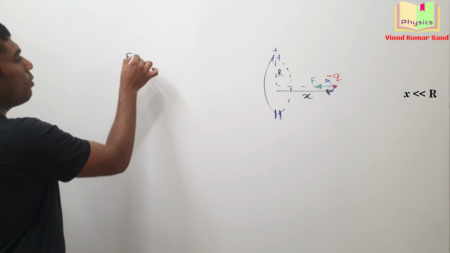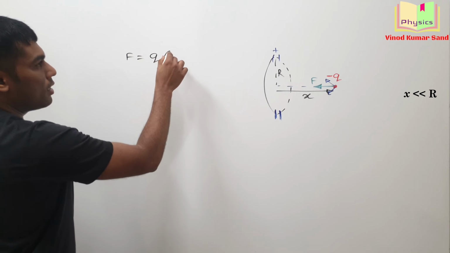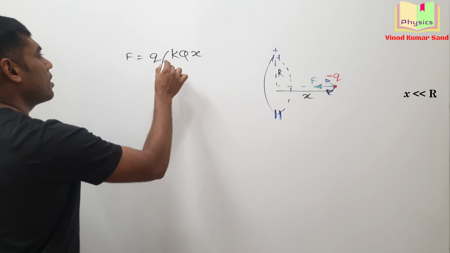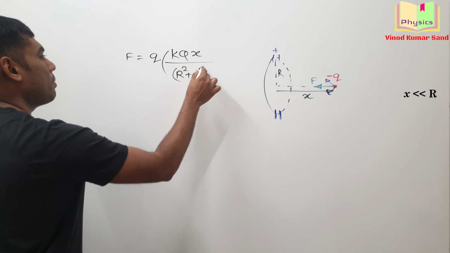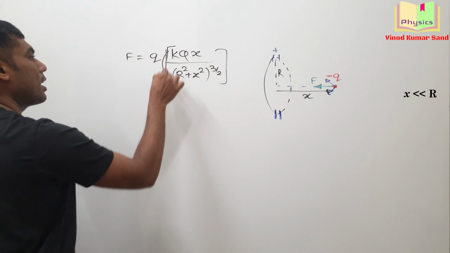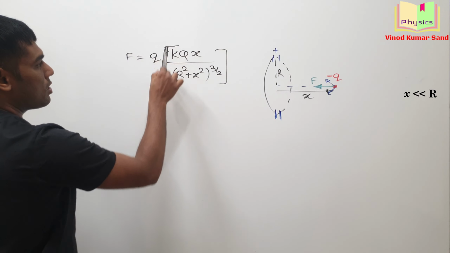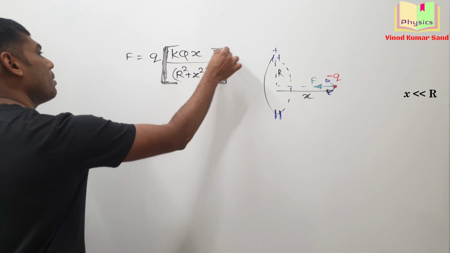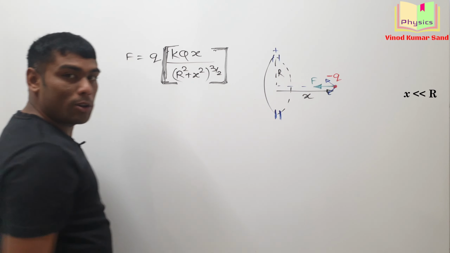F will be equal to q times electric field, which is equal to kQx divided by (r square plus x square) power 3 by 2. I hope you remember the expression of the electric field due to a uniformly charged ring at the axis of the ring. Now our computation says that this x is pretty small as compared to the r.